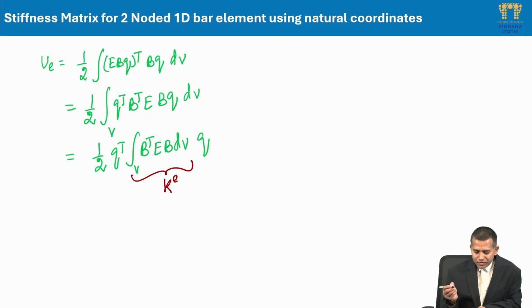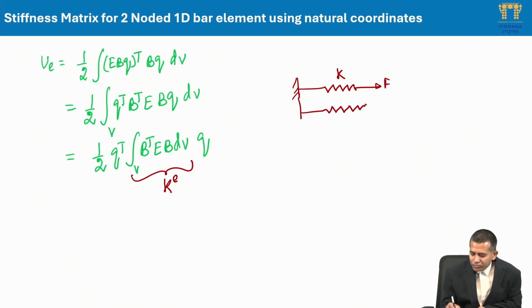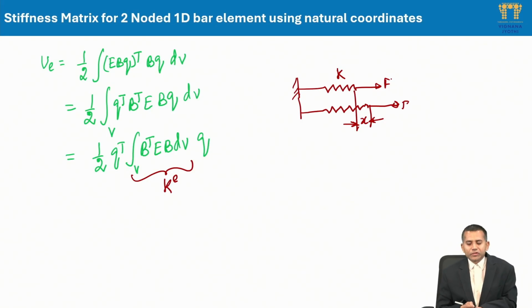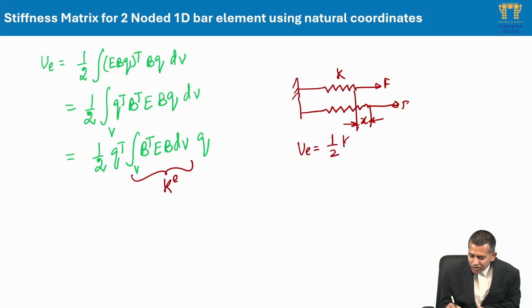How did we get this element stiffness? We already discussed it in a previous class. If you consider a spring which has a stiffness K, and you subject it to some force, then the spring will be deformed by some distance. This is nothing but the displacement of the spring because of this force. If you want to find the strain energy in the spring, the strain energy U E in the spring is nothing but half K x square, where x is your deformation.